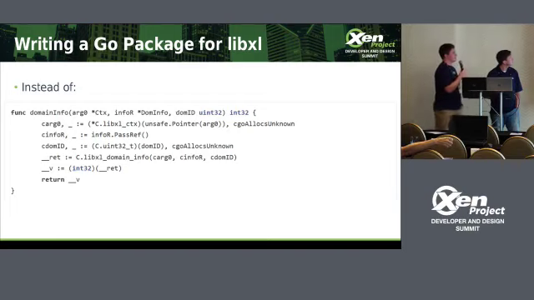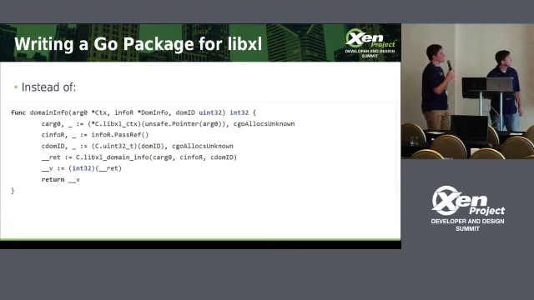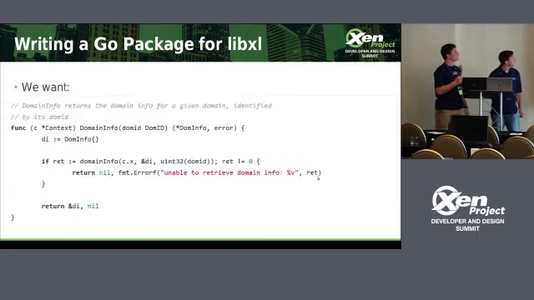So this is a domain info function, almost literally translated from the existing C function in the libxl library, but it's very C-like still in the sense that it's returning an integer that will be set for an error code, and you still have to pass a context pointer and a domain info pointer in. And so we want to simplify this for using Go by only needing to specify a domain ID to the original function.